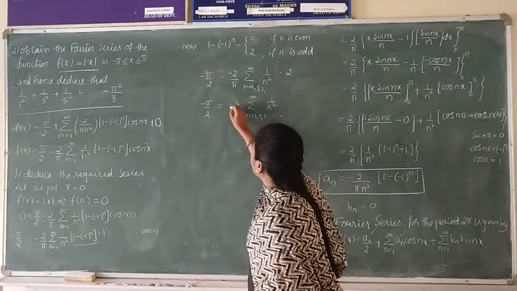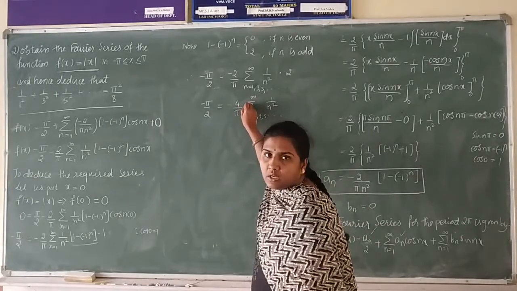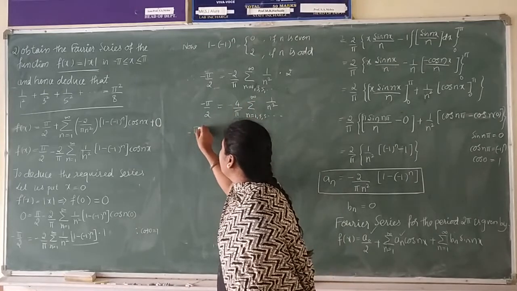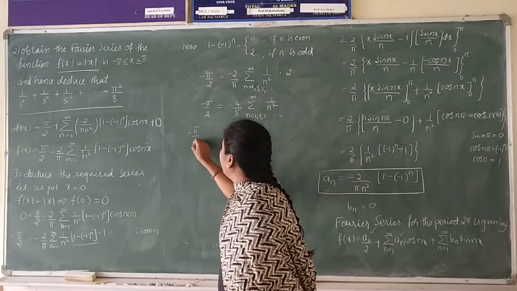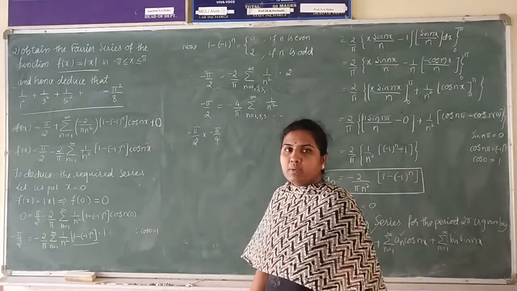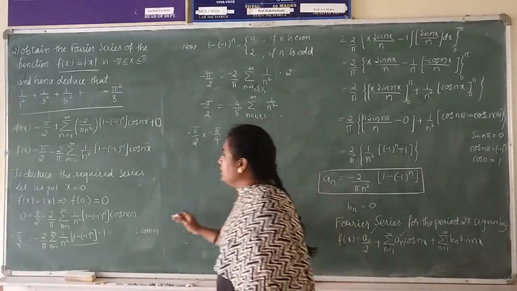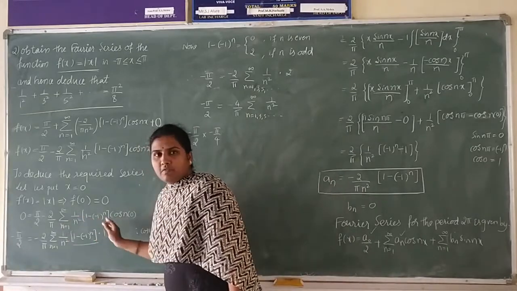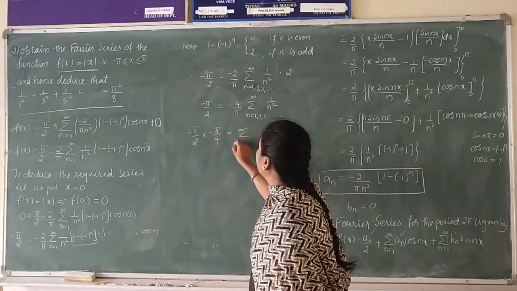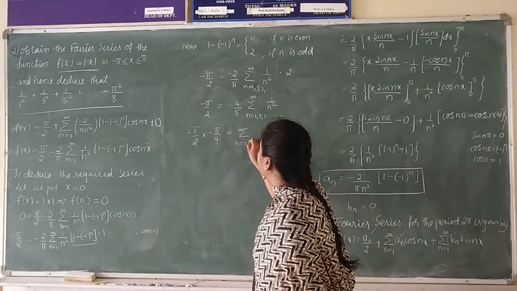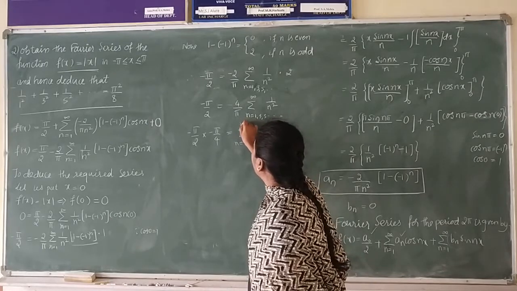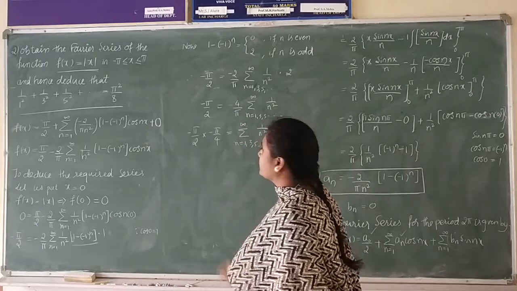Now you can see it is minus 4 by pi into the summation. Transferring this minus 4 by pi to the LHS pi by 2, this becomes minus pi by 4. We are left in the RHS with summation n equals 1, 3, 5 to infinity 1 by n square.